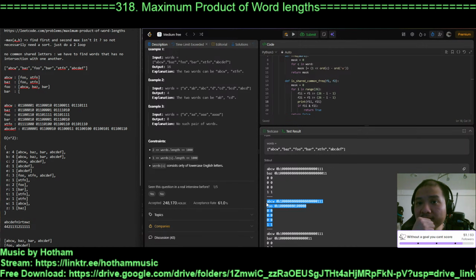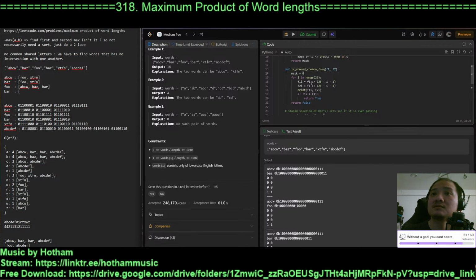What? So maybe we need to, let's do it, we shift the one up by this many. Right, we shift one up by that many, and then we AND with this, and then we shift back.